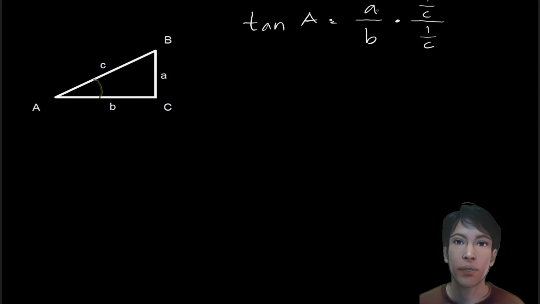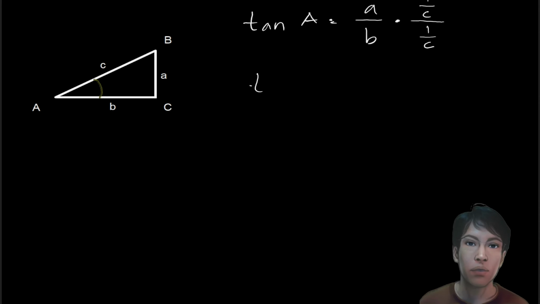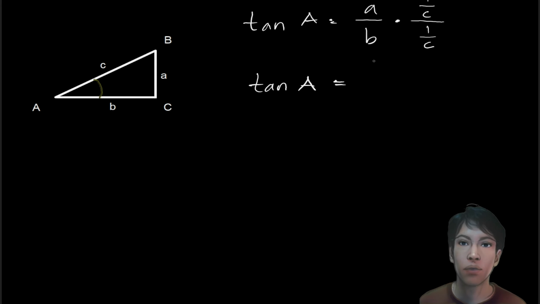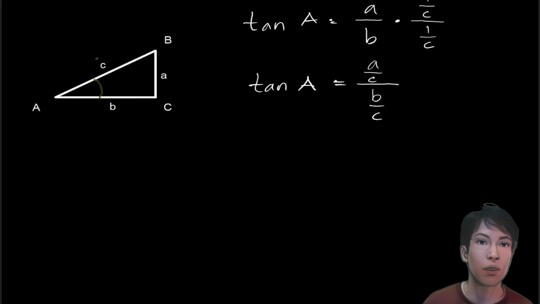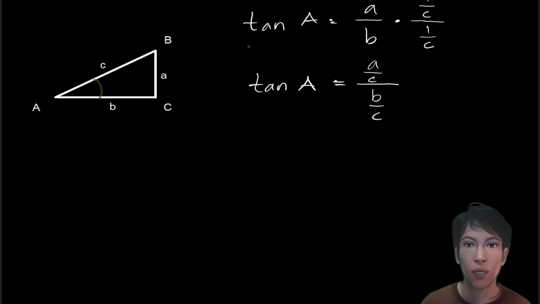So I will now evaluate this one. So tangent A is now a over c over b over c. Now again, from the triangle, what is a over c?